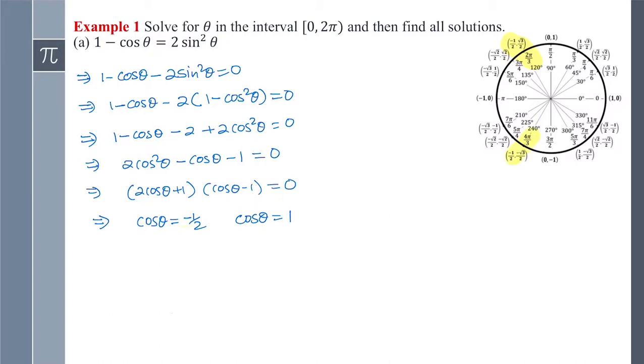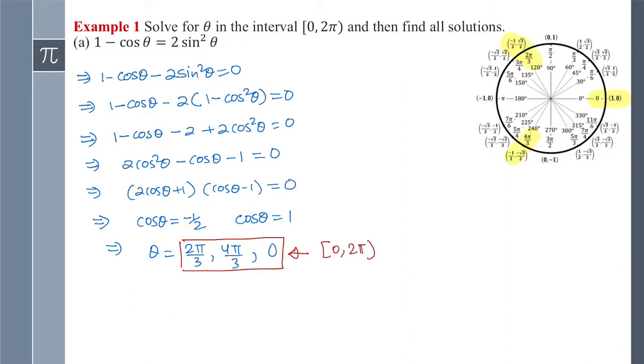So from the first one, we get theta equals 2 pi over 3 and then 4 pi over 3. And then we know that cosine theta is 1 at 0. So from the second part, we get theta equals 0. Okay, so this is the solution in the interval 0 to 2 pi.